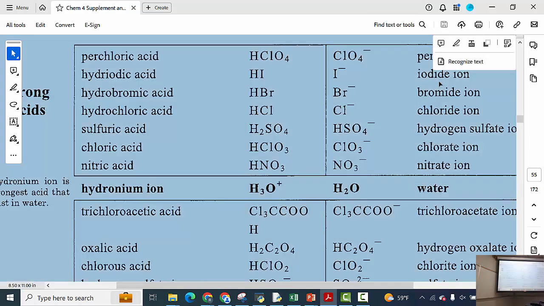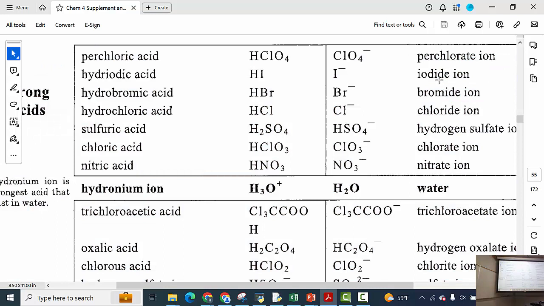Iodide ends in IDE. The acid is hydroiodic acid. Bromide ends in IDE. The acid is hydrobromic acid. Chloride ends in IDE. Hydrochloric acid.